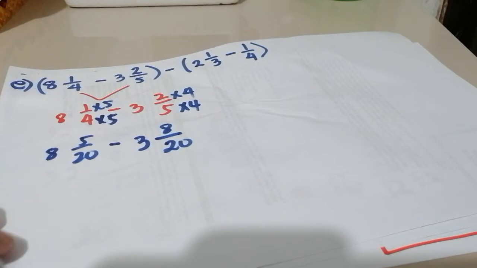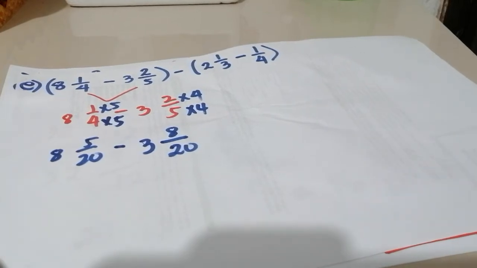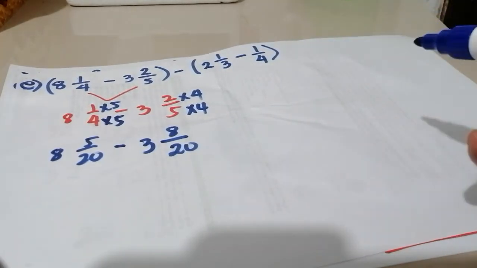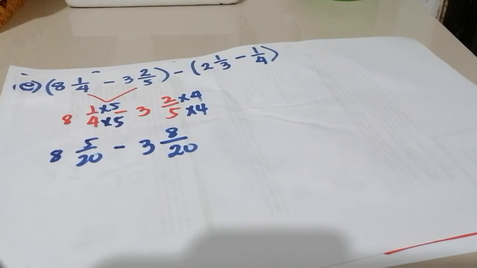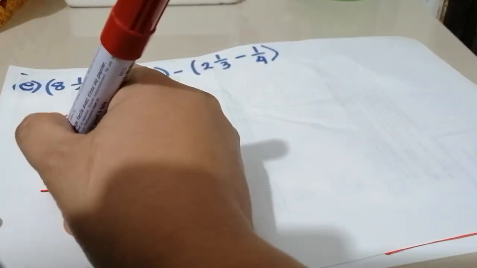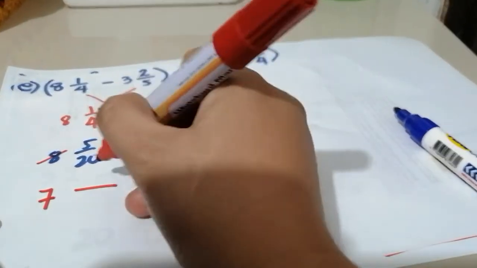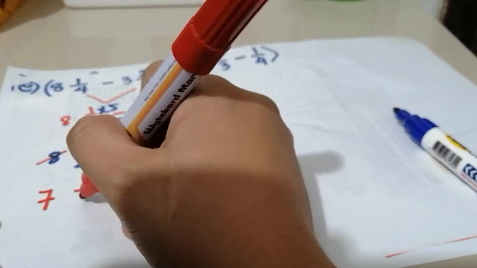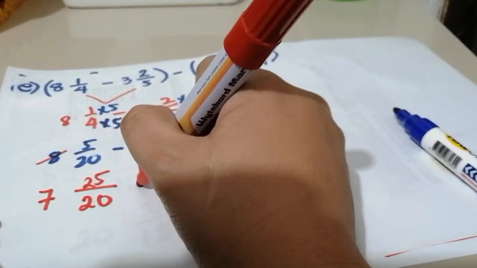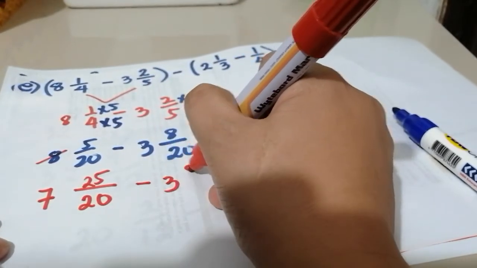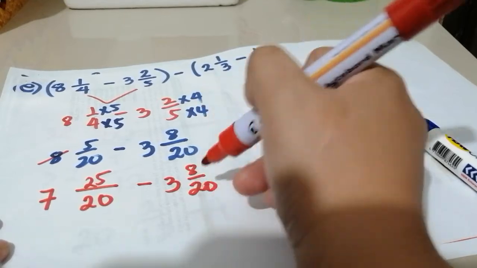So, kagaya ng diniscuss ko dun sa mga previous lesson ko, ang gagawin natin ay magbaborrow tayo ng 1 whole sa 8. So, yung 8, magiging 7, at yung magiging new fraction will be the sum of this. 5 plus 20 will be 25 over 20 minus 3, 8 over 20.